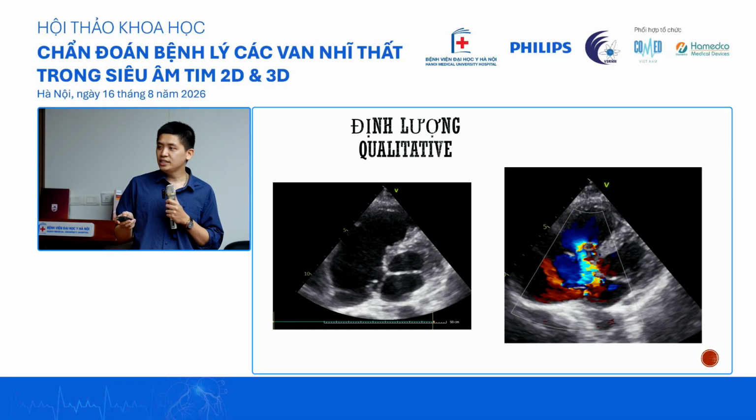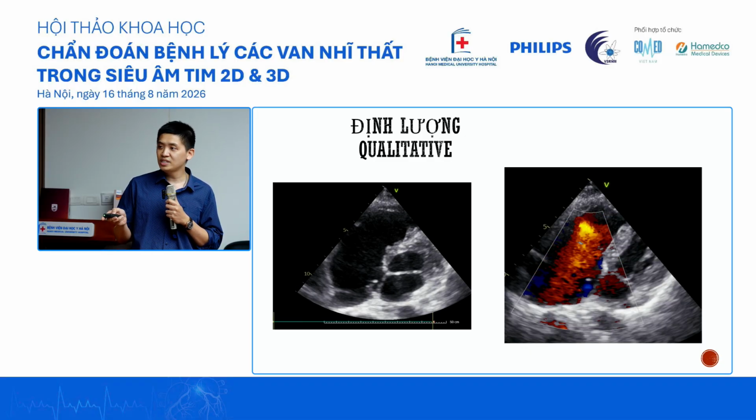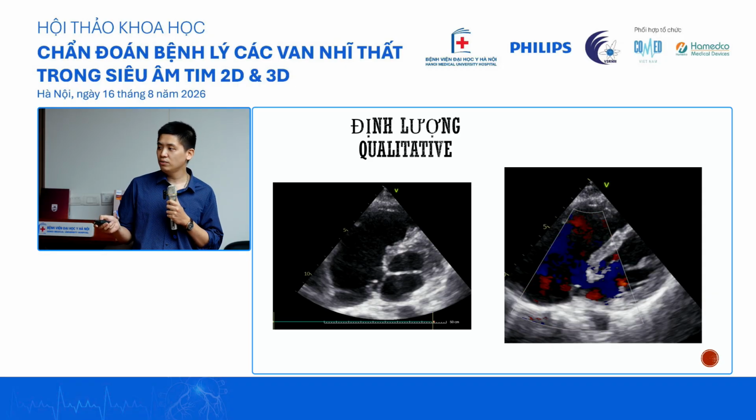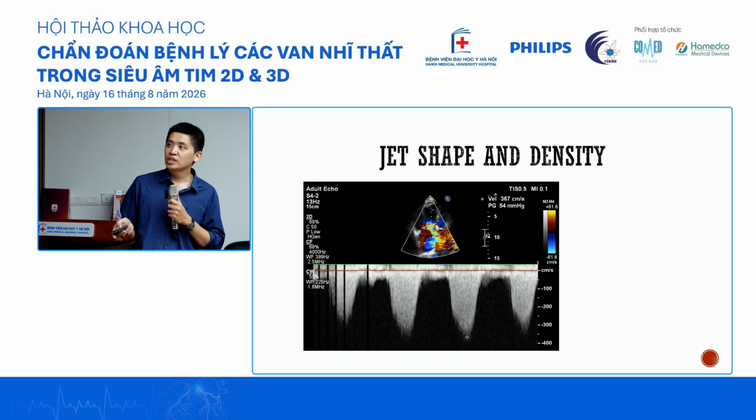For the qualitative assessment, you can see on the left side this valve is obviously a flail segment with a very severe and big regurgitant flow. A second point, likely the same as with MR, is the jet shape and density. You usually look for a very dense, triangular, late-peaking jet for severe tricuspid regurgitation.